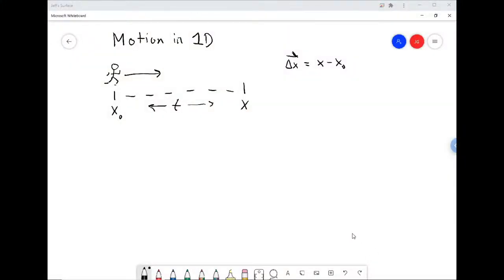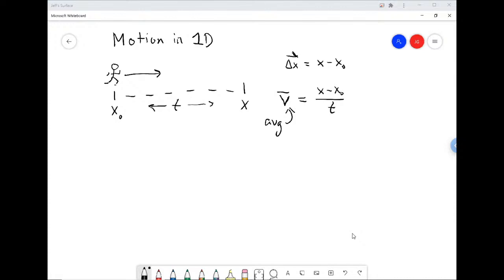We already said that if you know how far something travels in a given interval of time, you can calculate the average velocity. It's equal to that displacement divided by that interval of time.